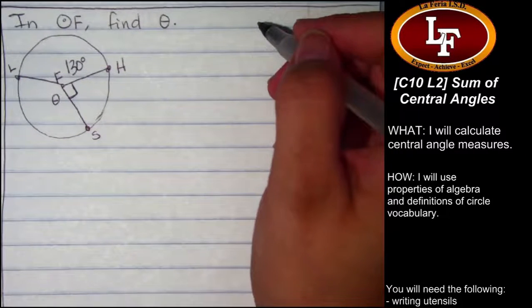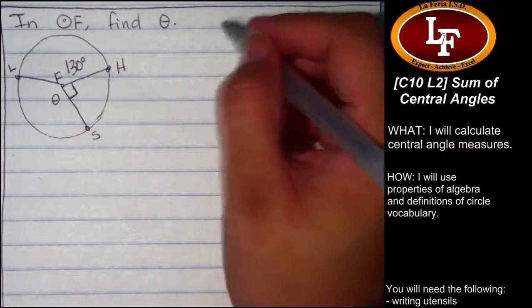According to that theorem that we had, the sum of central angles added up to 360.